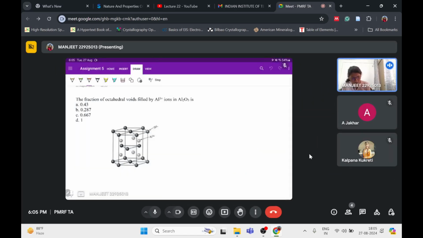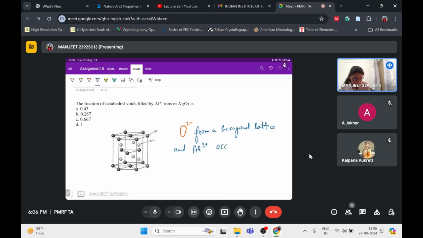Here I have put the Al2O3 structure, where the O2- ions form a hexagonal lattice, and this aluminium 3+ occupies the octahedral voids.